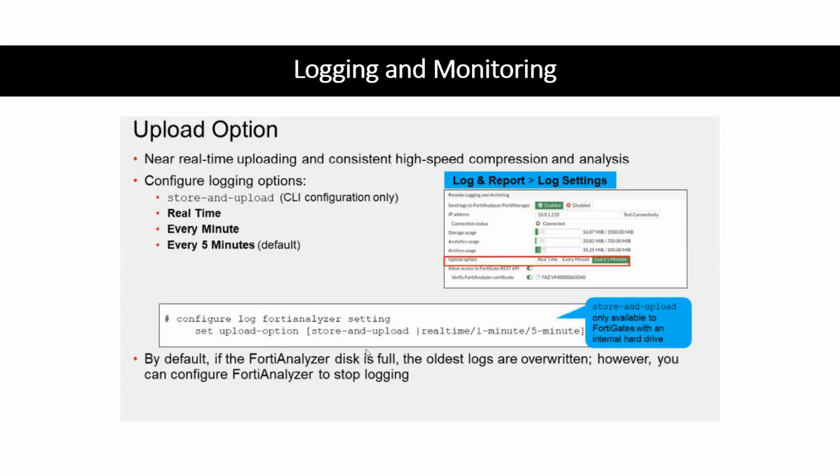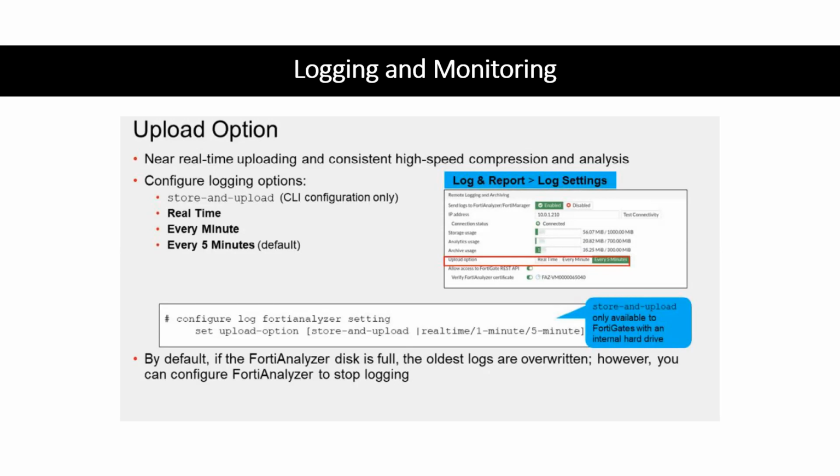One thing I want to make sure you understand, which I know for a fact I may skip over during the lab, so I want to make the point: whenever you're configuring logging, especially remote logging, you have the option within the GUI to change your upload option.